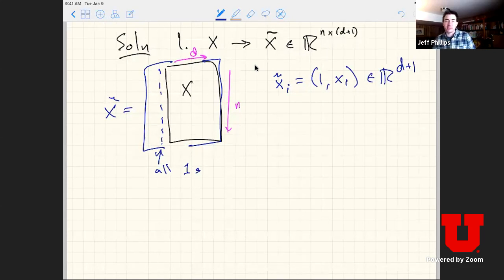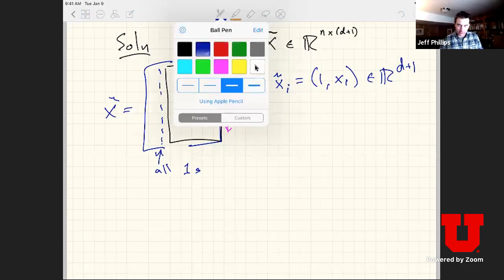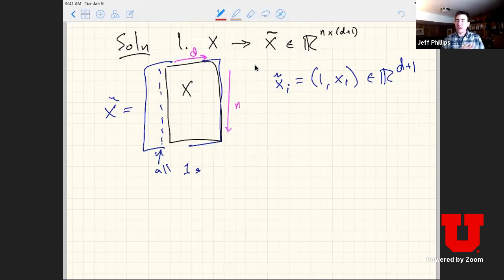Okay, so we're going to do this, and now we can basically pretend that there's no offset coefficient, but that there's a first vector of all ones, which serves to describe the offset. Okay, and for the rest of the class, we'll often remove this tilde notation. We often won't use it. We may just assume it.